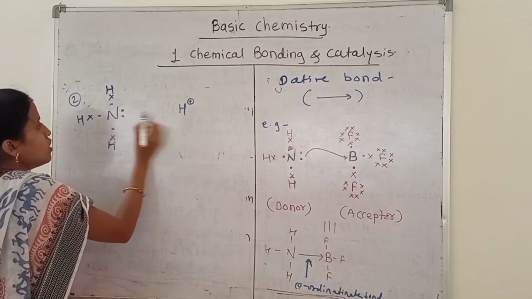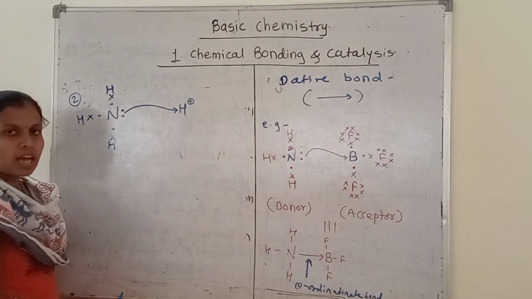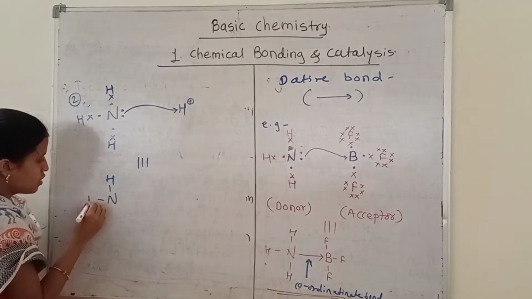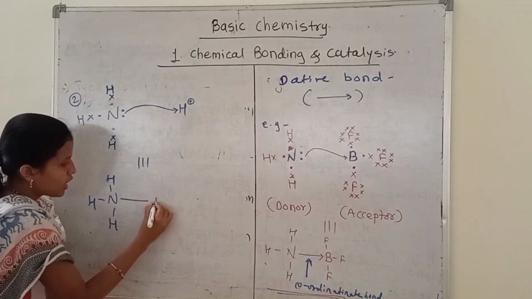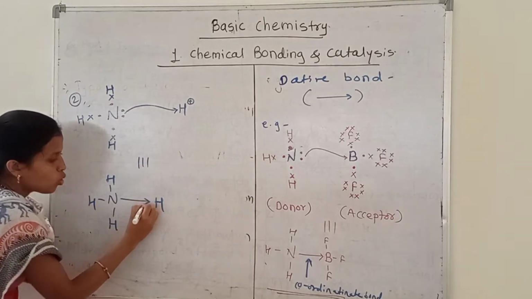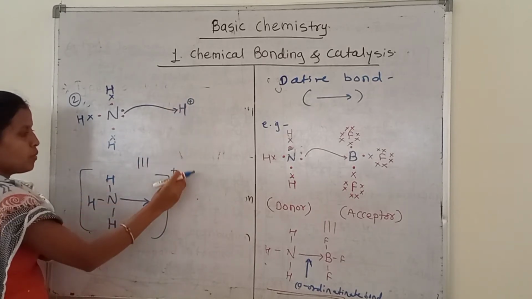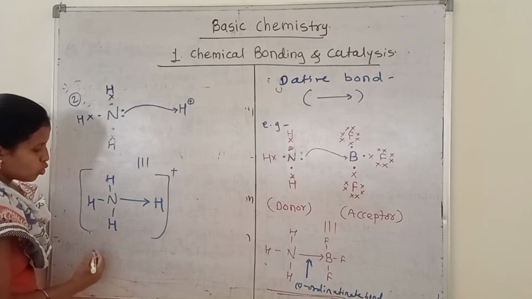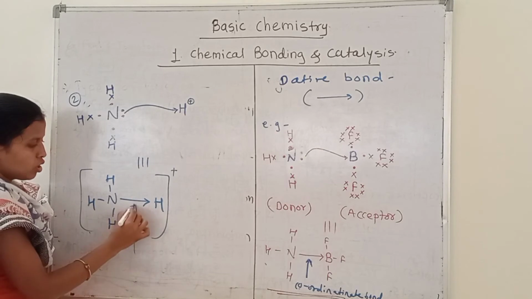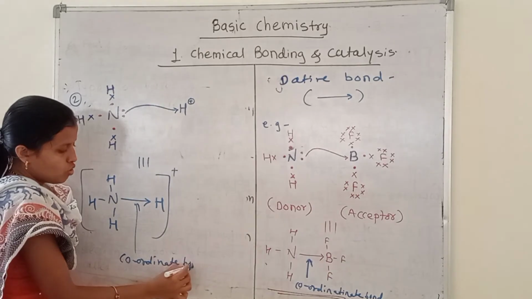So the hydrogen can accept the lone pair of electrons from the nitrogen atom, and the structure looks like this. A coordinate bond is formed between these, and the positive charge is represented here. So the ammonium ion forms, and between this nitrogen and hydrogen a coordinate bond or dative bond is formed.